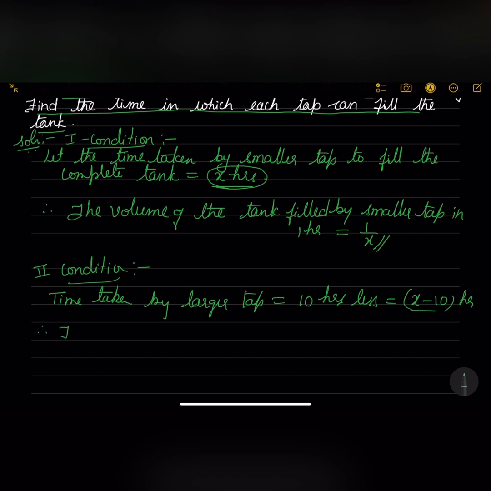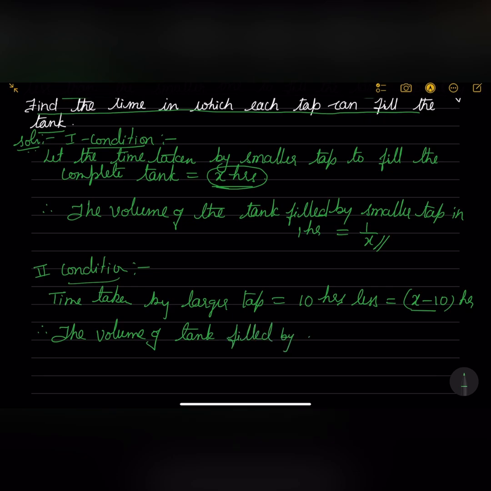Therefore, the volume of the tank filled by the larger diameter tap in 1 hour, in the same line, will be equal to 1 divided by x minus 10.